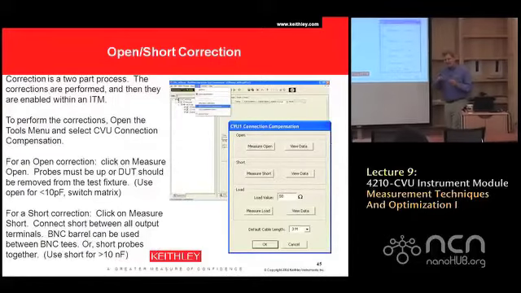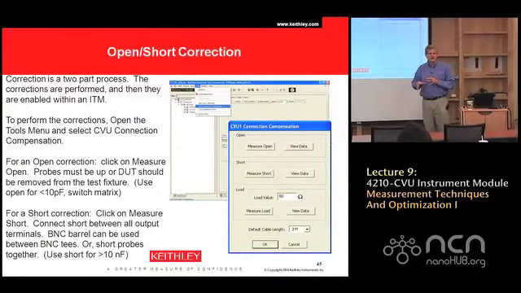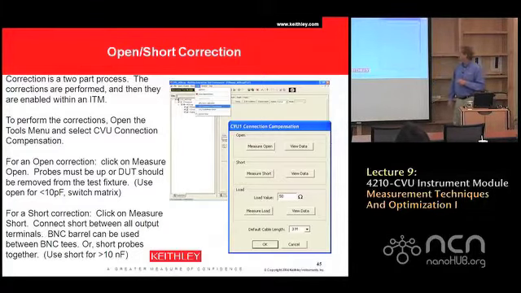So here's how we actually implement open and short correction in the 4200. It's a two-part process. We have a specific menu that you access from the Tools menu. This is the main screen in Kite. It has a Tools menu at the top, and it's called CV Correction Compensation.